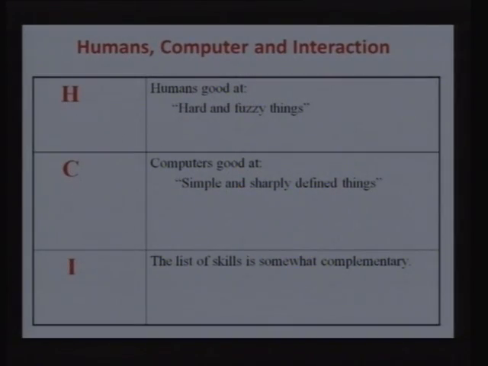Now let's ponder our third point, interaction. What do we mean by interaction? It lists the skills in a somewhat complementary way. This interaction should be as simple as possible.